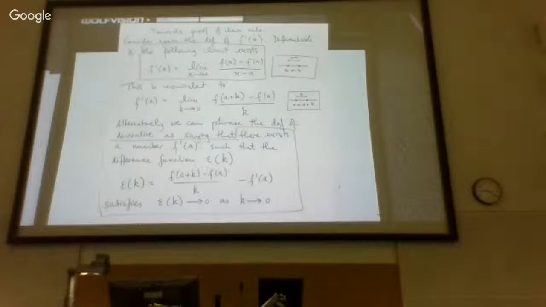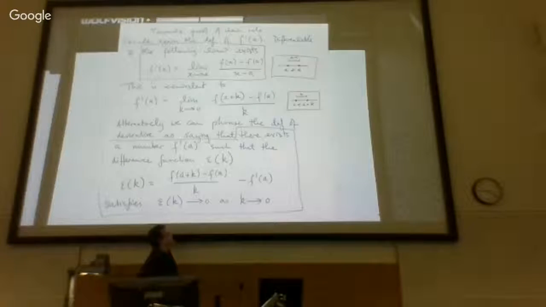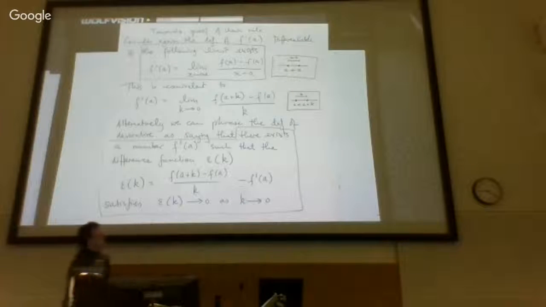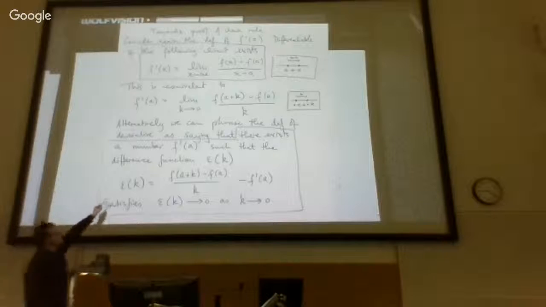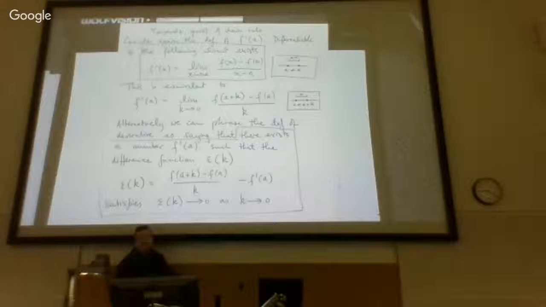So originally we said the function is differentiable if that limit existed. This time we're unpacking it a bit, exposing a little bit more of it. We're saying, if we look at the difference between these two quantities, the relative difference evaluated at a nearby point a plus k, then there exists some constant f prime of a such that this difference function converges to 0 as k goes to 0.